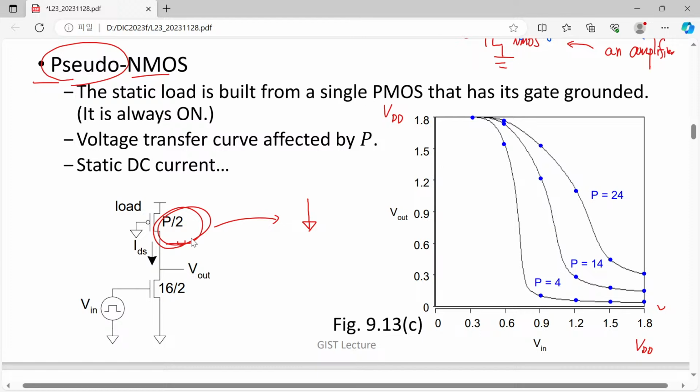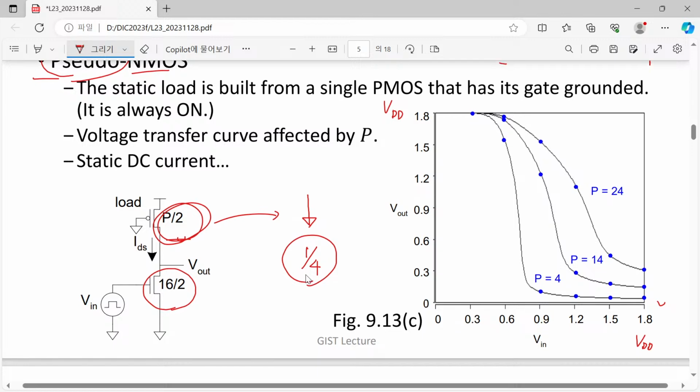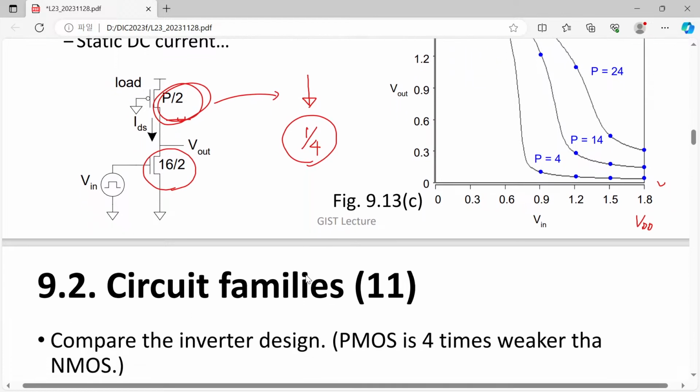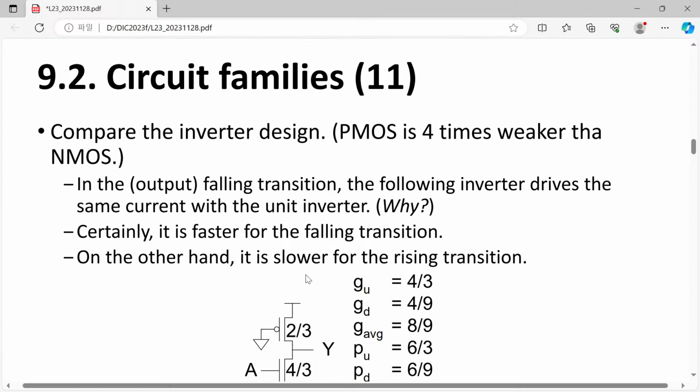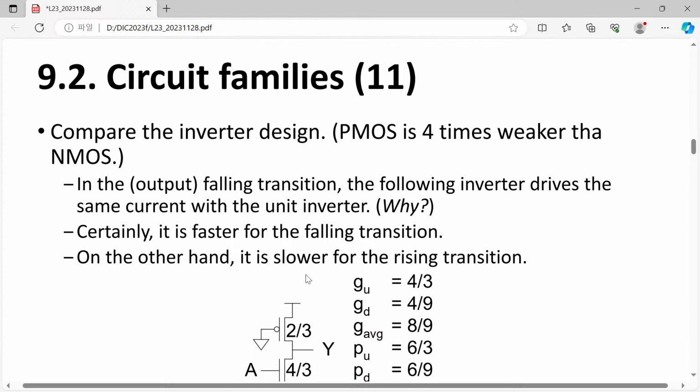So in the textbook, the author suggests a relative strength of a quarter. So compared with the N MOSFET driving capability, try to make it just 1/4 output. So anyway, let's consider this inverter design.